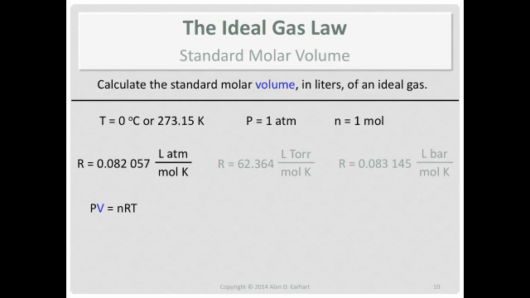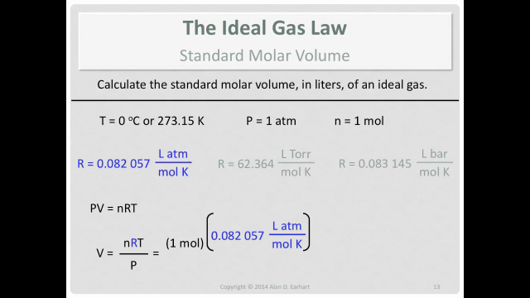We're calculating volume, so we need to solve our gas law for volume. Now we need to plug everything in. Take the number of moles of gas that was given, multiply by R, multiply by the temperature, divide by the pressure.